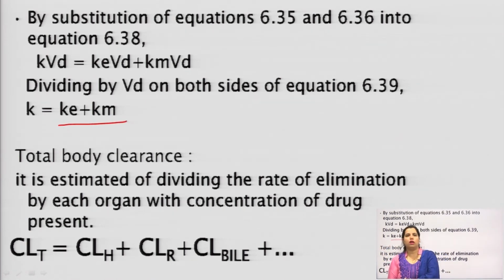So, total body clearance is estimated by dividing the rate of elimination by each organ by the concentration of drug present. So, CLT is equal to CLH plus CLR plus CL bile plus n number of elimination processes we take into consideration. So, this is how we calculate total body clearance from the body systems.